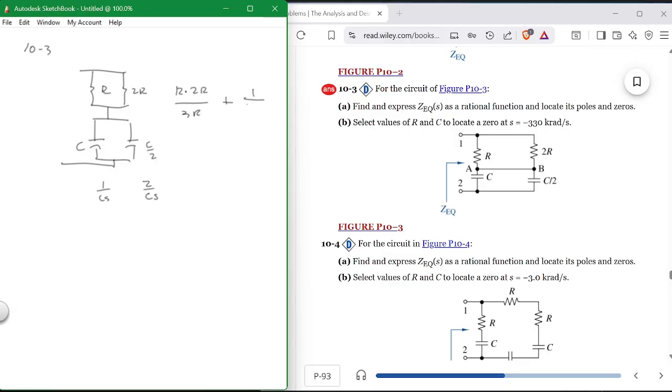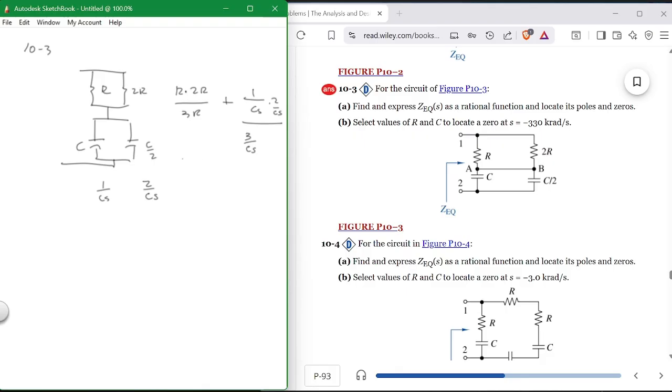R1, R2 would be 1 over CS times 2 over CS, all over 3 over CS. So it would be CS in the denominator.